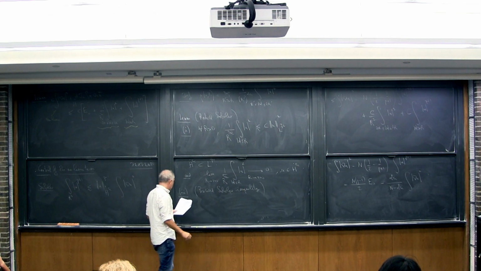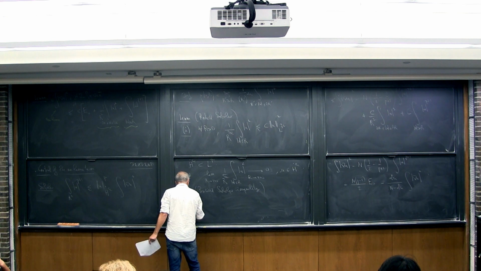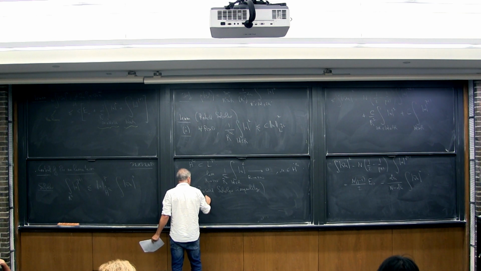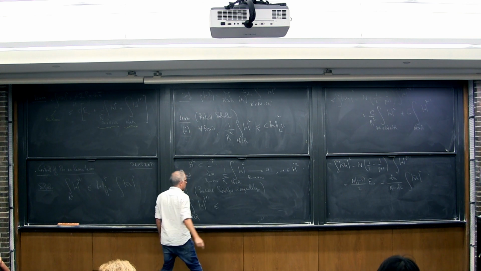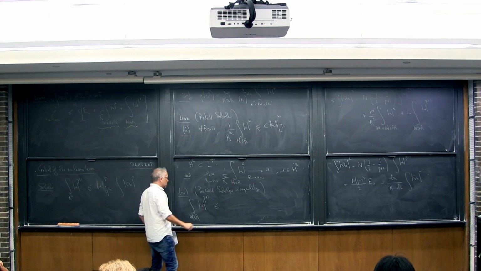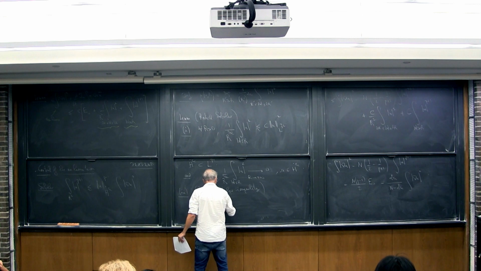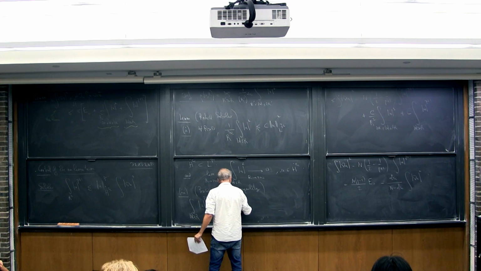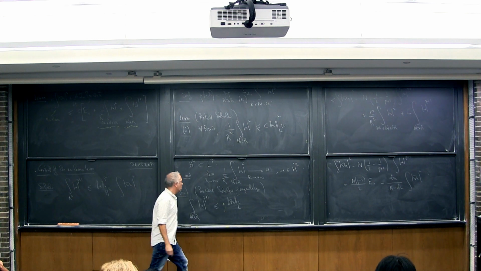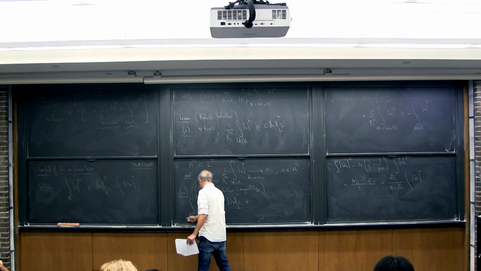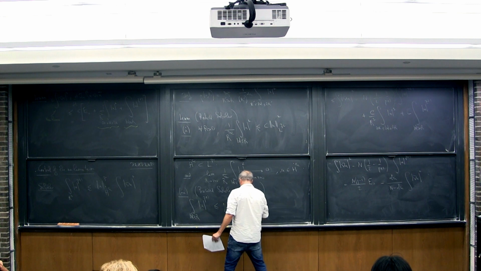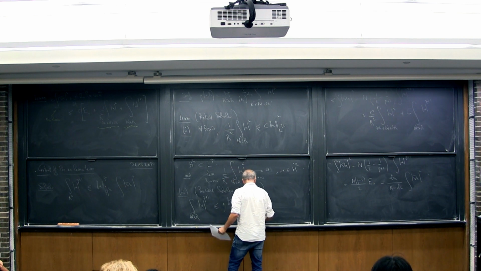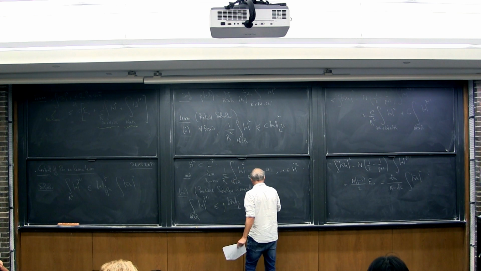It's simply this observation that if I compute the integral for x bigger than R of U to the P plus 1, then I can bound this by a constant eta times the L2 norm of the gradient of U, plus another constant, which depends on eta, times something like this.